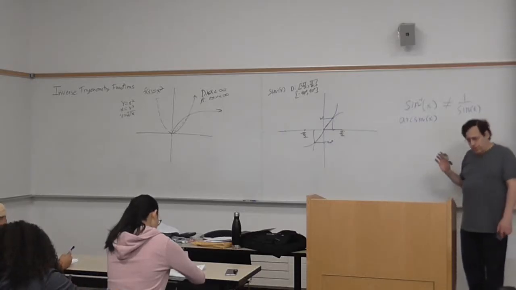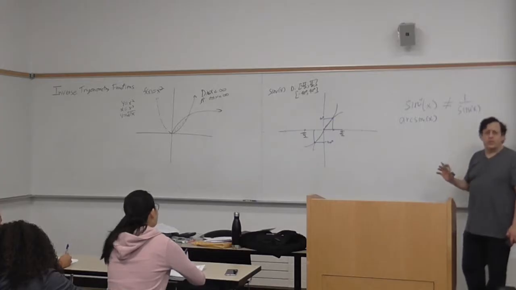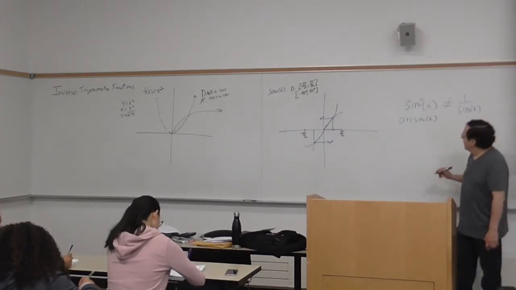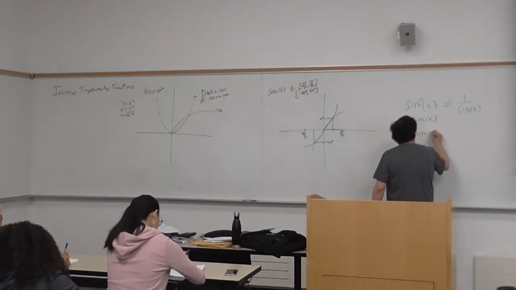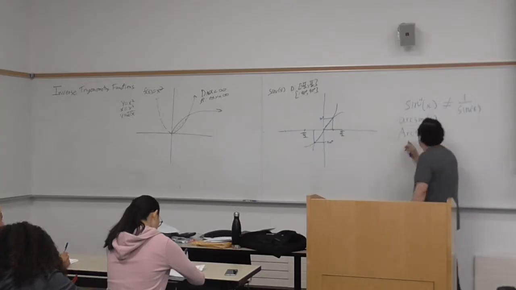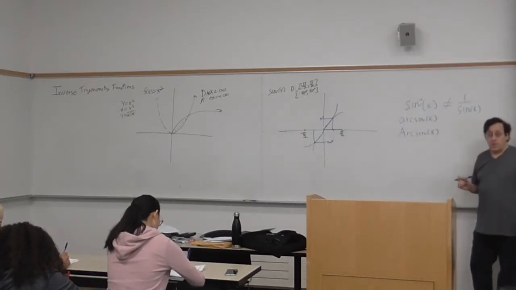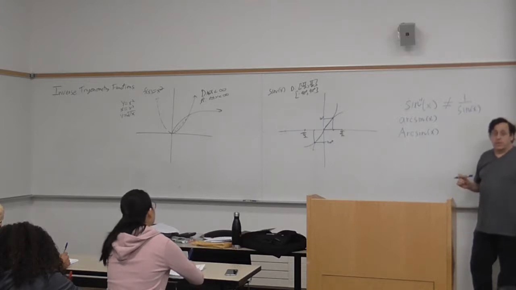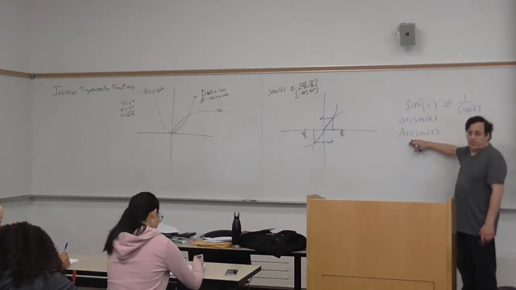Lastly, there's some notation. We're not going to use it, but you could run into it. Sometimes we'll write this, arcsine, but with a capital A. This is not a function, specifically.